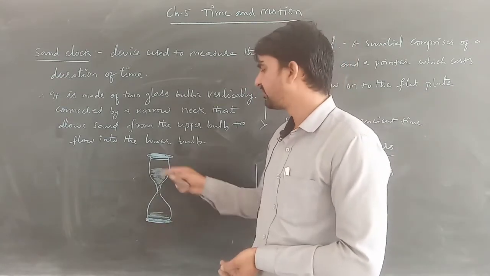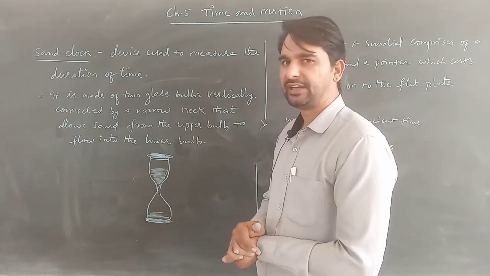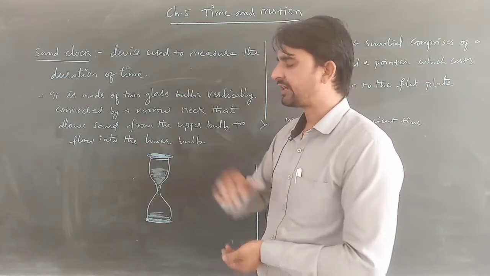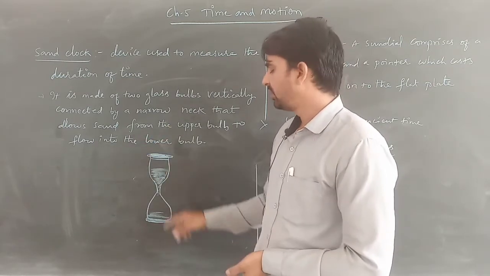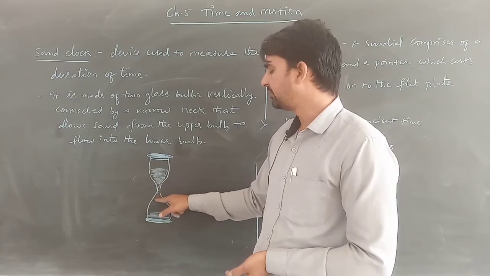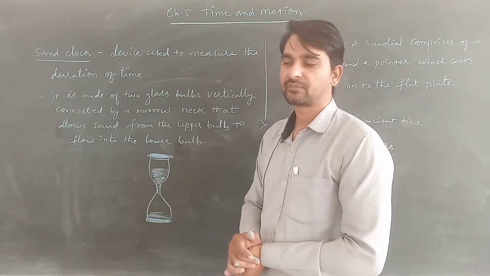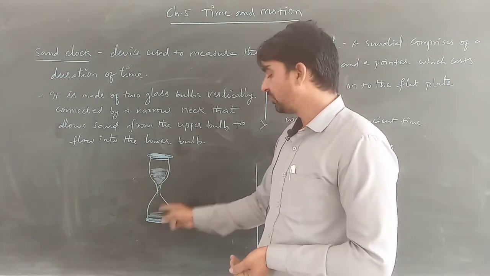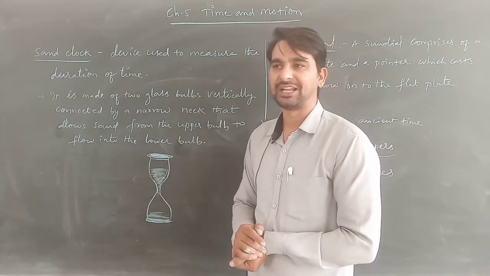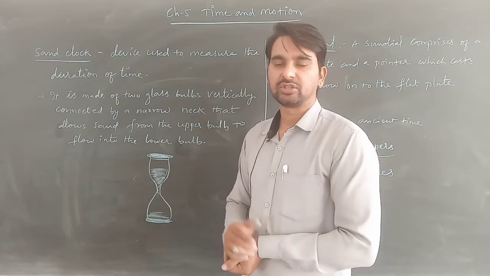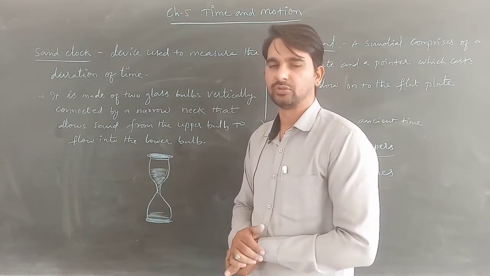One of the bulbs is filled with sand, and when we keep the sand clock on the table, the sand slowly flows into the lower bulb, not too fast and not too slow.